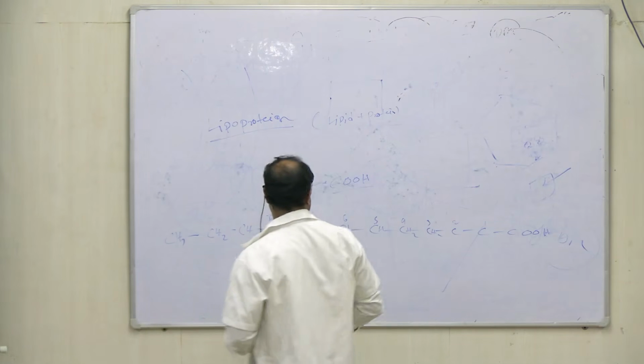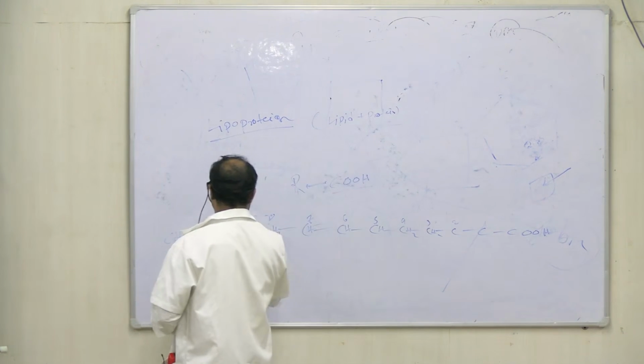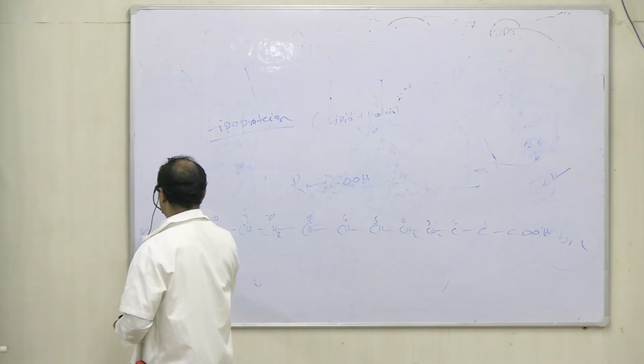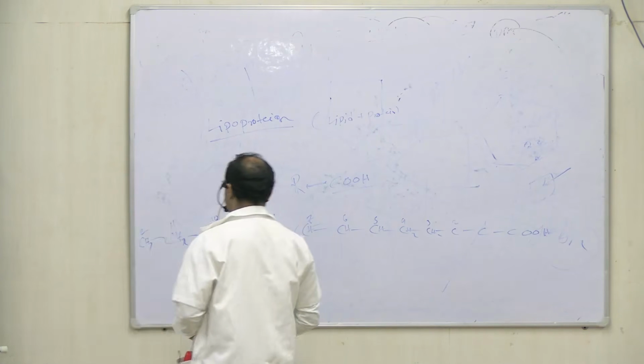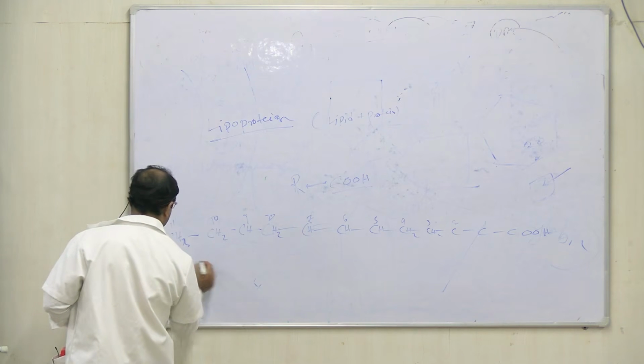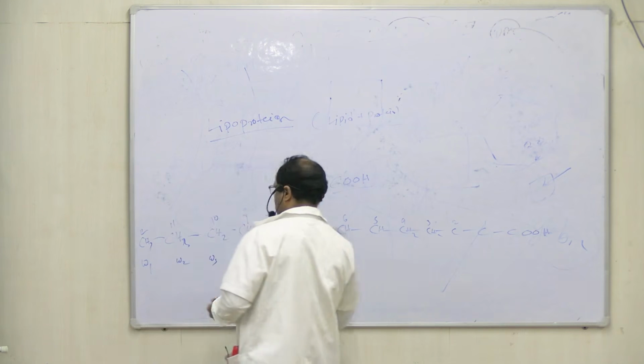Okay. 1, 2, 3, 4 like this. This number 9, 10, 11, 12 like this. And according to omega numbering, this is omega 1, omega 2, omega 3, omega 4 like this.